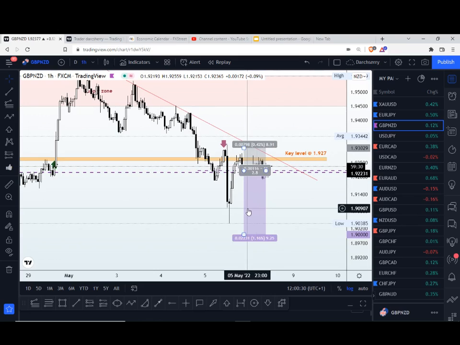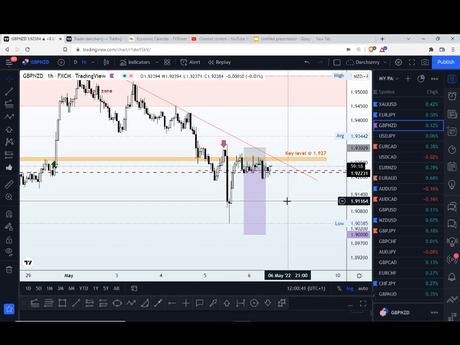We will be looking forward to a take profit target of about 220 pips. So that is that on GBPNZD.